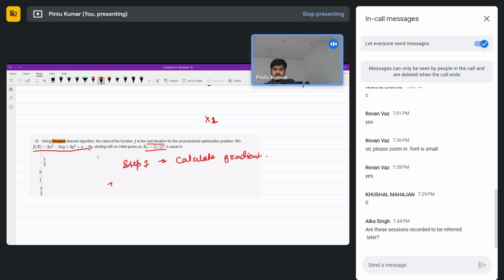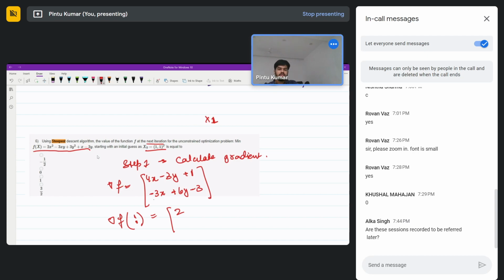So what is the gradient of f? This would be 4x minus 3y plus 1. Now the derivative with respect to y would be minus 3x plus 6y minus 3. Now we have to find the value of the gradient at (1, 1). This is given by 4 minus 3 is 1, plus 1, 2.